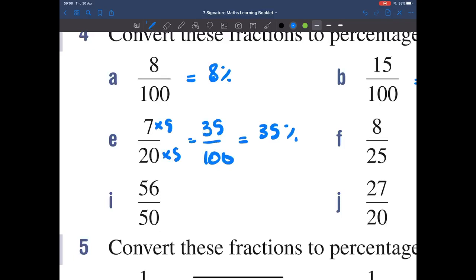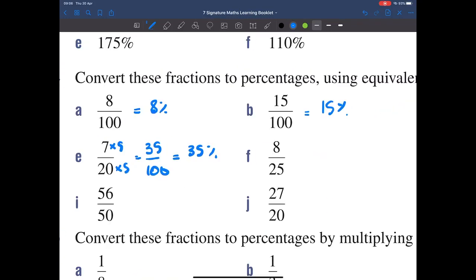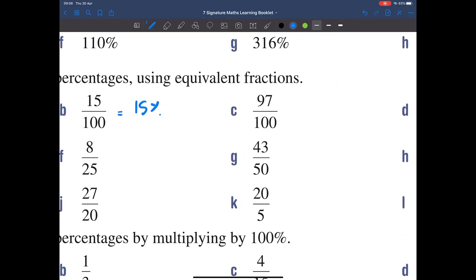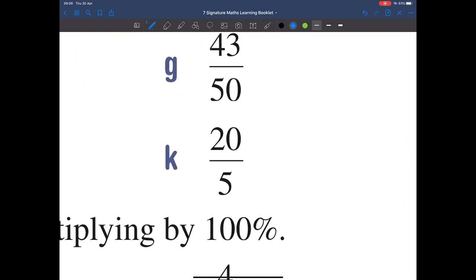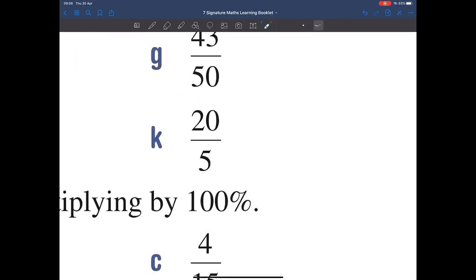So let's do another one of those. Let's do K. I like K. So again, it's 20/5, but here we've got 5 on the bottom. We need to turn this number into 100. So we're going to multiply this by 20, because 5 times 20 makes 100.